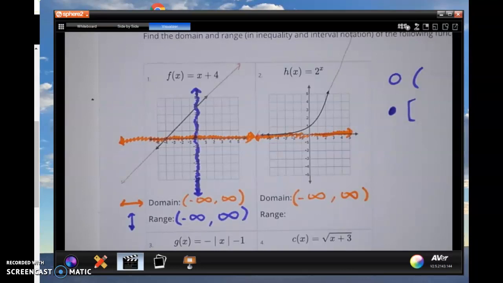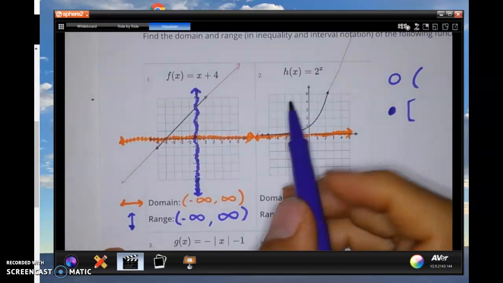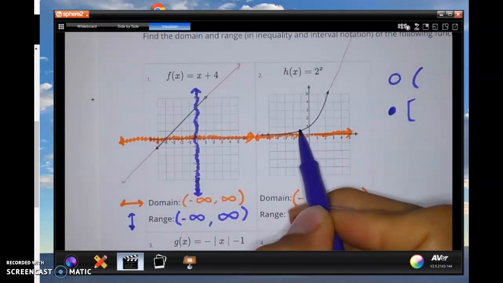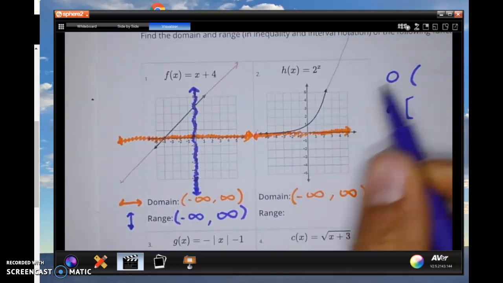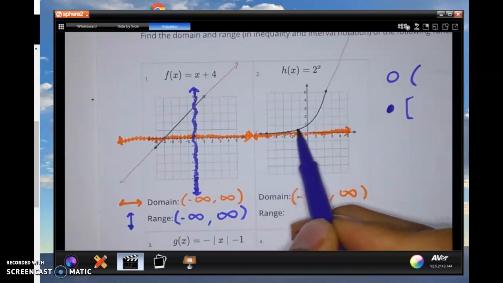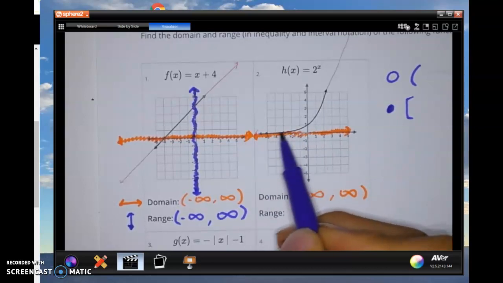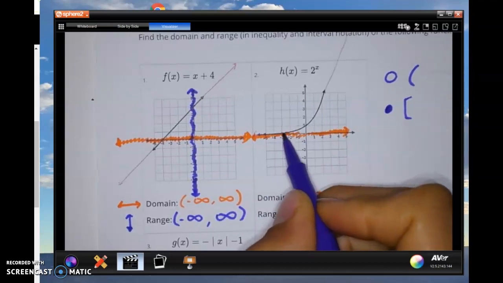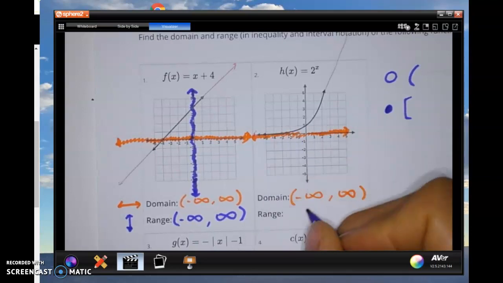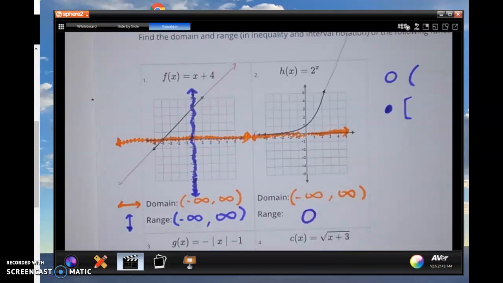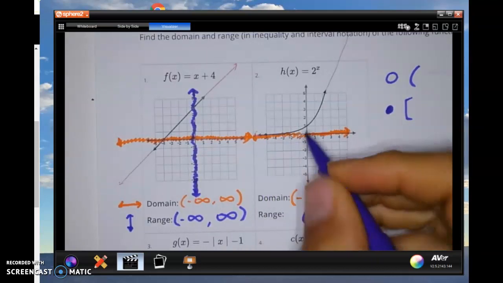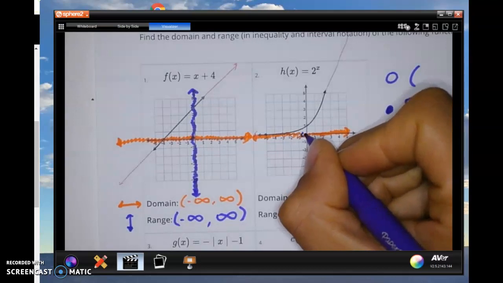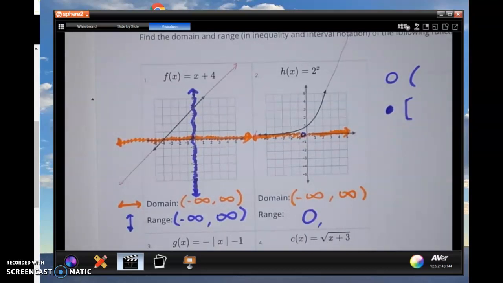For our range, we need to look at the lowest value. Now what you'll notice is this graph does not keep going downward. It actually keeps going to the left. This graph gets very close to our 0. It gets closer and closer to this value of 0.